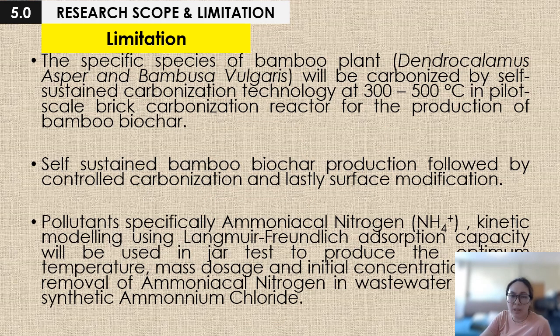In the limitation, we are going to carbonize at 300 to 500 degrees Celsius in a subscale carbonization reactor. Then controlled carbonization for chemical activation, and lastly the absorption of ammonium nitrogen to produce optimum parameters for temperature, mass dosage, and initial concentration for the removal of ammonium nitrogen.